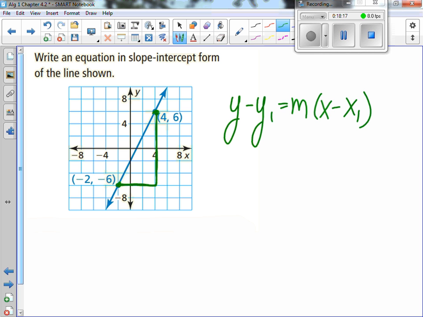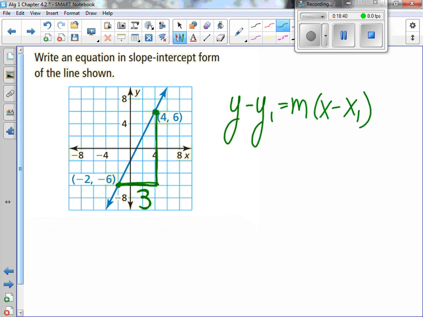Now our slope is going to be rise over run. So when I look at this here, how far did we go over? We went over 1, 2, 3. And since we're going to the right, the 3 would be positive or negative? Positive, because right is positive. And then we would go up.